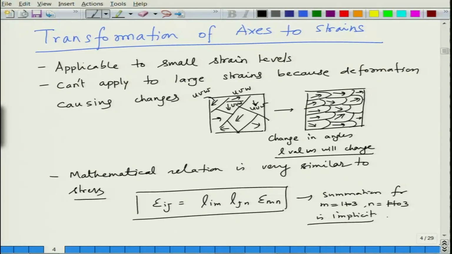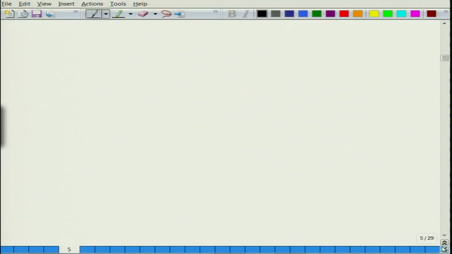Okay. So, now let us take the first example. So, you can write epsilon x prime, or let us do it differently. Let us try to do it in the, or we can write epsilon 1 prime 1 prime. So, let us take the case of epsilon 1 prime 1 prime. So, if you look at the relation, we said that epsilon ij is equal to Lim Ljn epsilon mn.